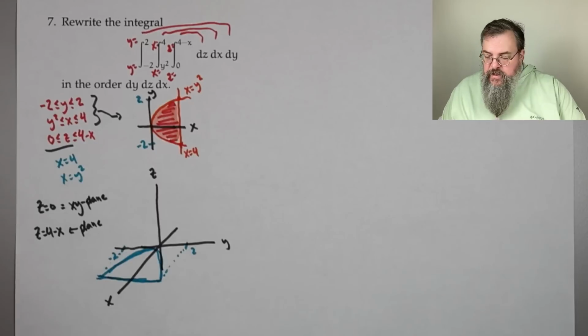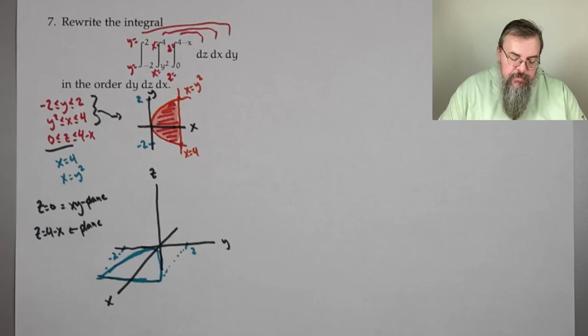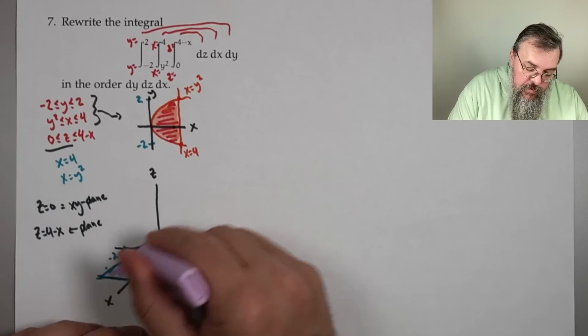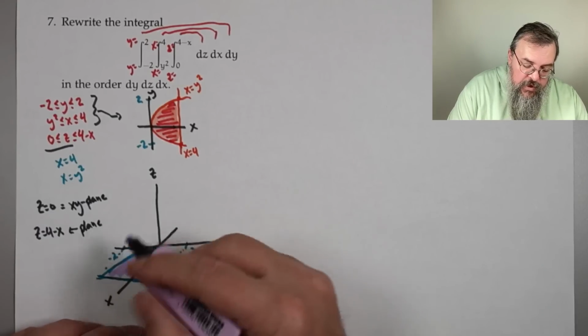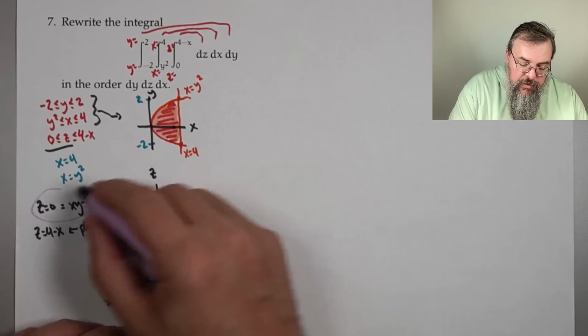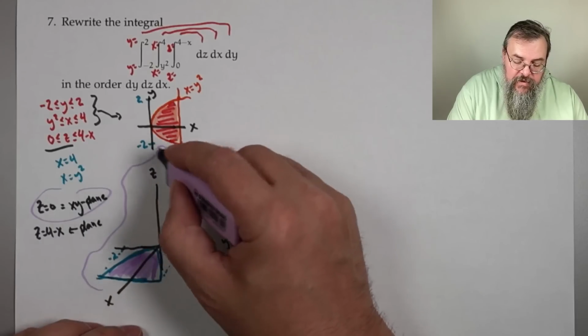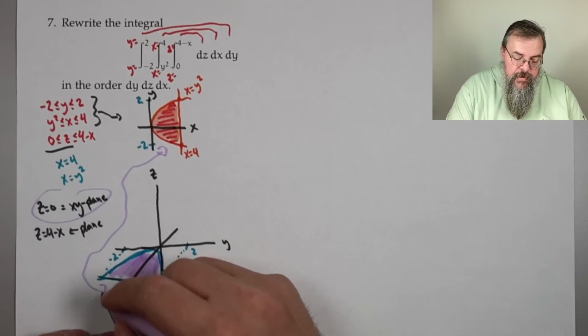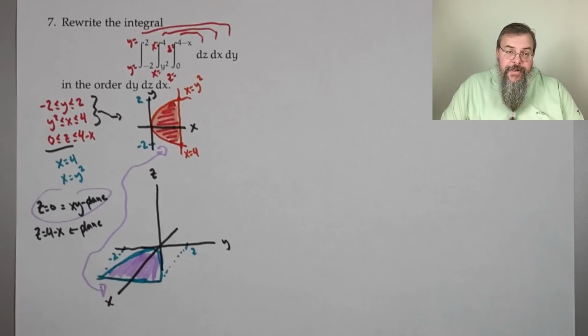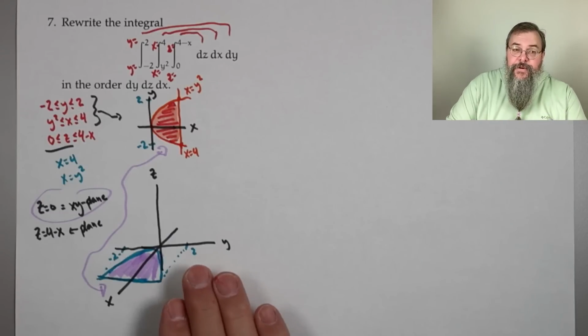So this shape right here, this is our floor, and the good news is the xy plane is indeed part of it. So this is that. Okay, good. Now, we know the xy plane. That's the floor.